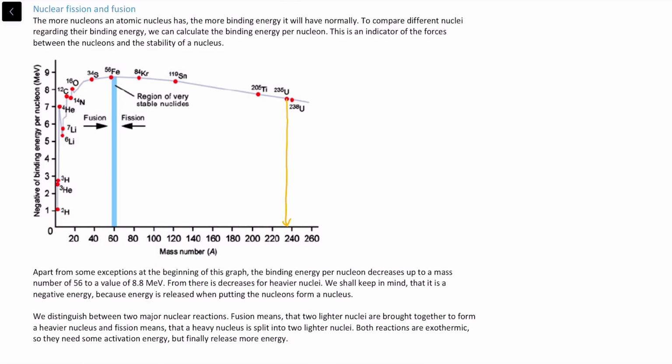And what we need to do is bring up all the binding energy, because we need to pull them apart, so work against the strong forces. And what we see in this diagram is a binding energy of about 7.6 mega electron volts per nucleon. So this is kind of the activation energy we need.